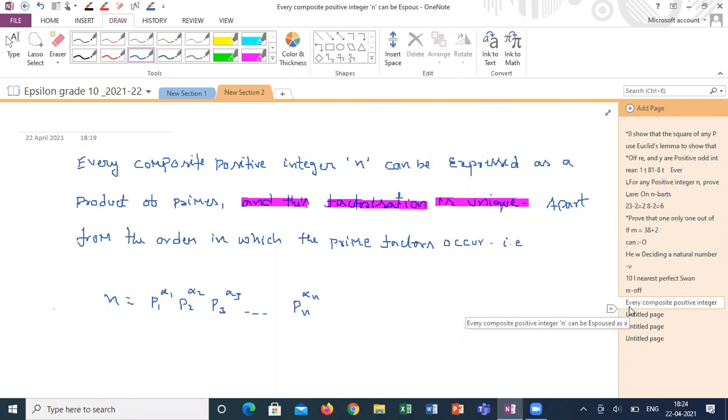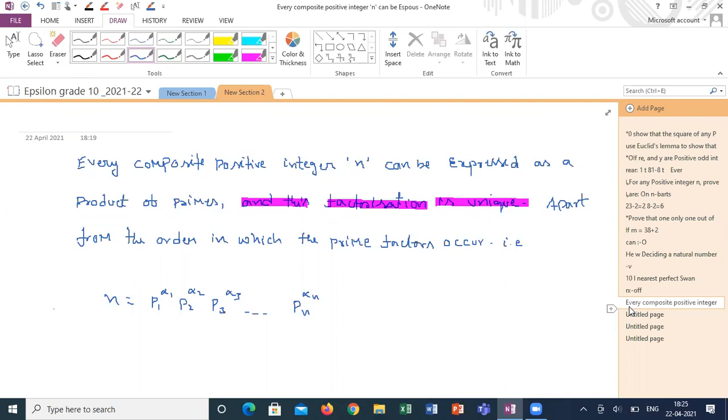Instead of using the division lemma, if I have 3 numbers or 4 numbers, how to calculate the HCF and LCM using prime factorization. Got it? The statement is clear, guys? Yes, sir.